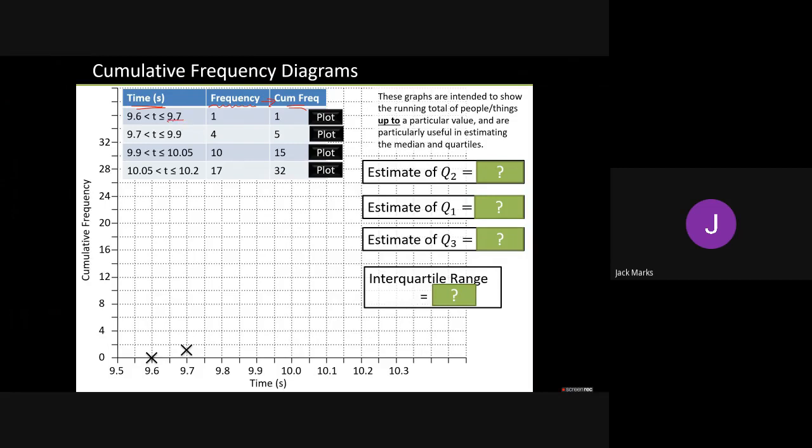So 9.7 and 1 is really like a coordinate to plot. So let's check our next one. It should be 9.9 and 5 because we plot the cumulative frequency over here. Keeping it going, 10.05 and 15.